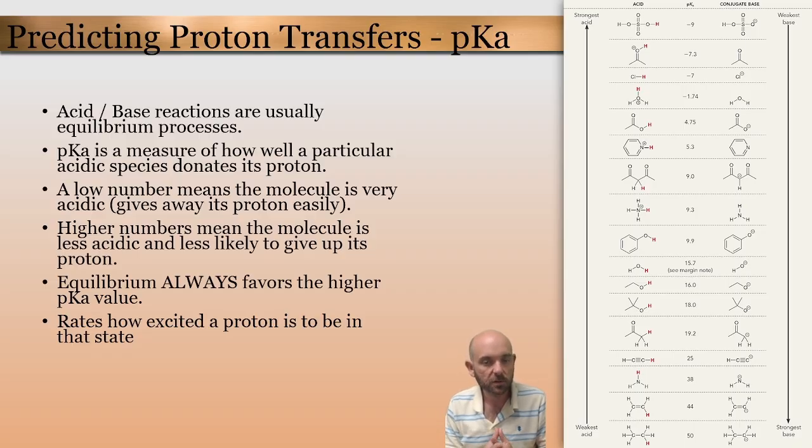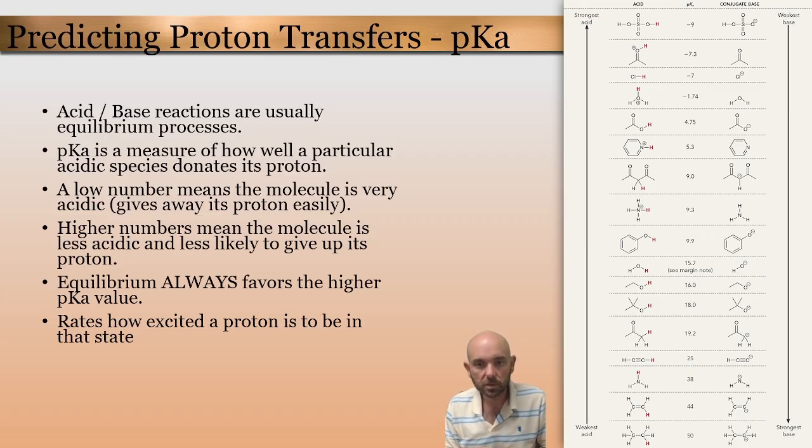And again, we've arrived at this over many, many years of empirical testing, and we've built tables like this that show the pKa of different hydrogens in different molecular situations. Having a higher pKa means the molecule is less acidic and less likely to give up its proton.